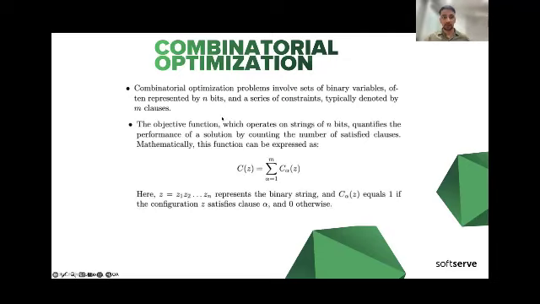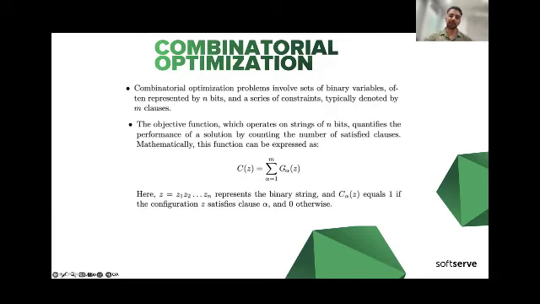So the goal in combinatorial optimization is essentially to minimize this cost function, this objective function. Usually, this objective function can be written as a function of an n-length binary string, and each bit has two values, 1 or 0.